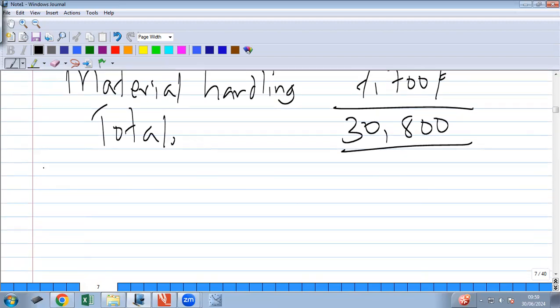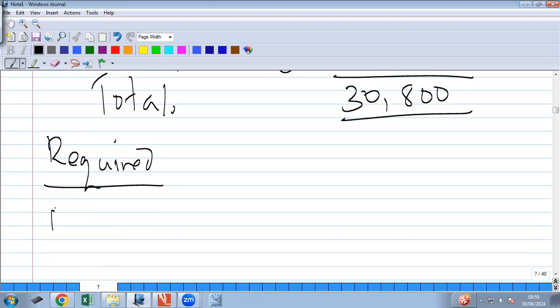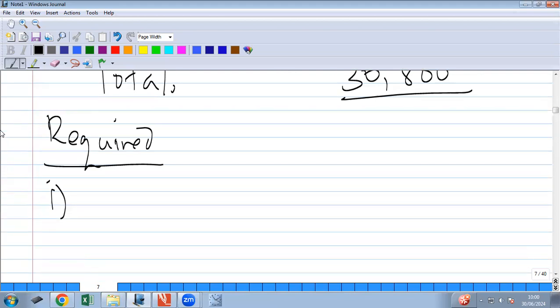Okay, let's see the required part. Number one is allocate the overheads to products on the basis of traditional costing.